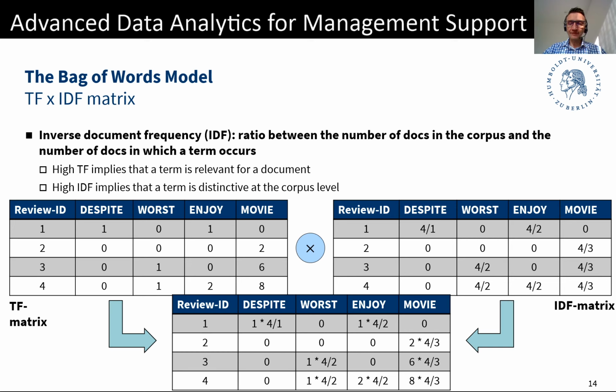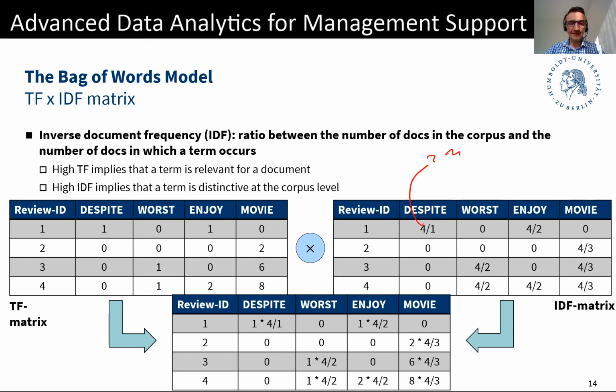And the calculation in a nutshell is that you take the number of documents in the corpus in which a word occurred and divide by the total number of documents in the corpus. And I'm illustrating that here for my little toy corpus of only 4 documents, so I assume that I only have 4 reviews and they together make up my corpus. Then you see how I'm always calculating the IDF scores as 4 over something.